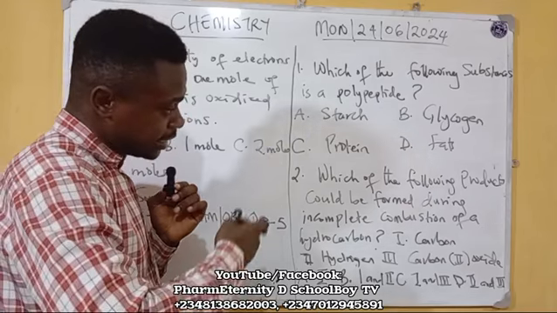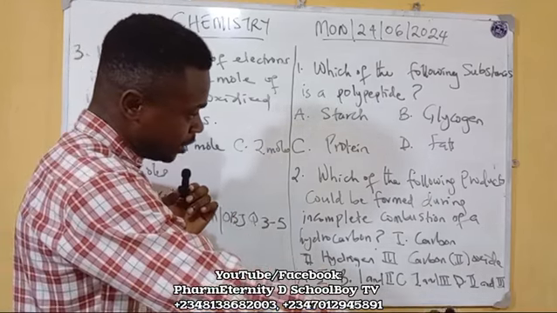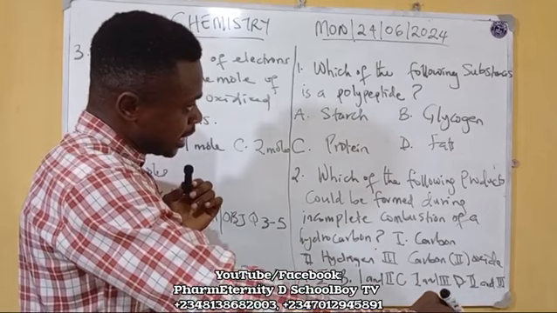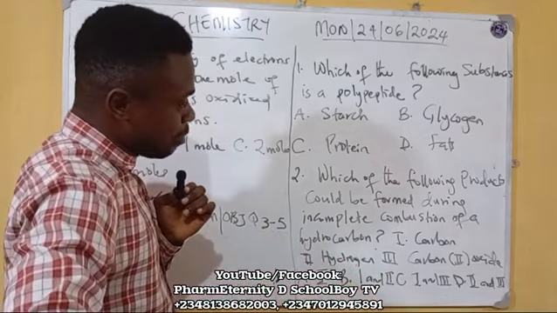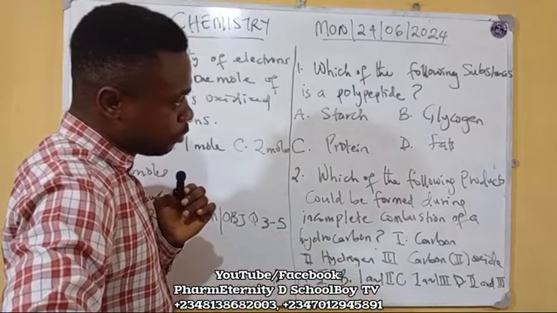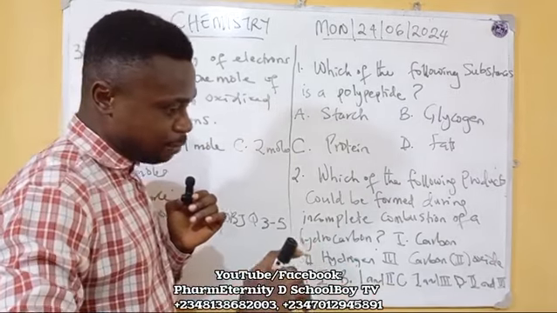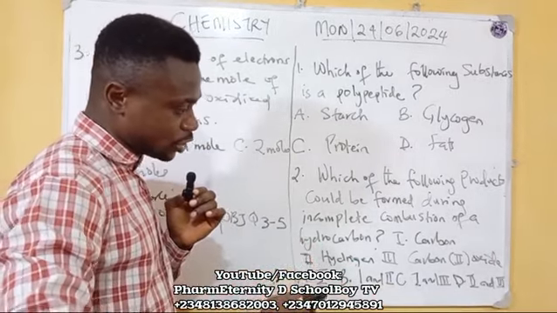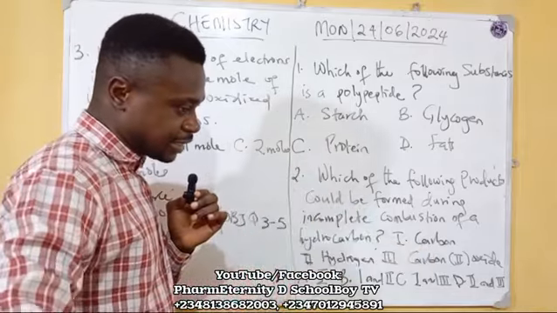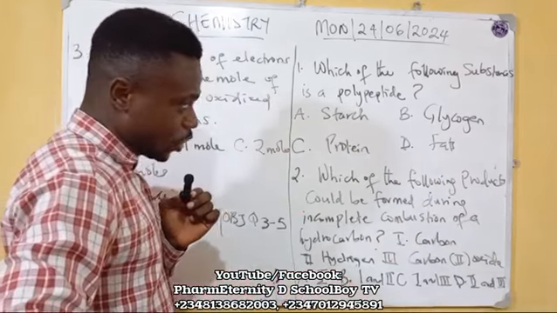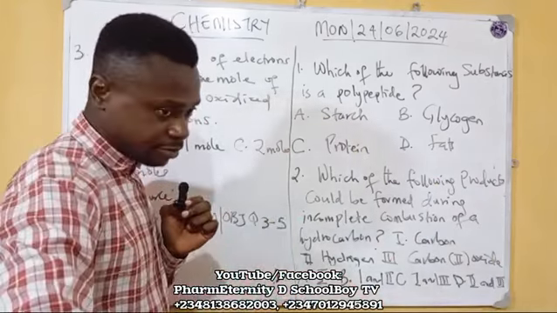One amino acid is joined at the amino end to the carboxylic end of another amino acid, forming a peptide bond. So between two amino acids, a peptide bond exists. It's the peptide bond that joins the different amino acids to form a chain. We call that chain a polypeptide.